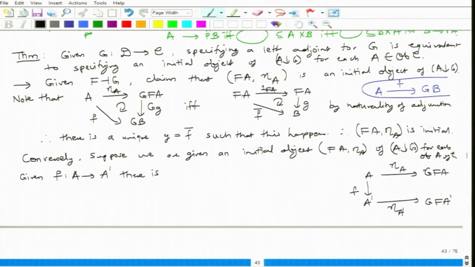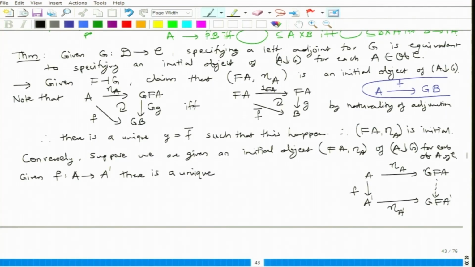But what do we know? We are given that (FA, eta A) is an initial object. These are both objects in the arrow category. So therefore, by the initial property of (FA, eta A), there is a unique morphism over here. Now, what is a morphism in the arrow category?